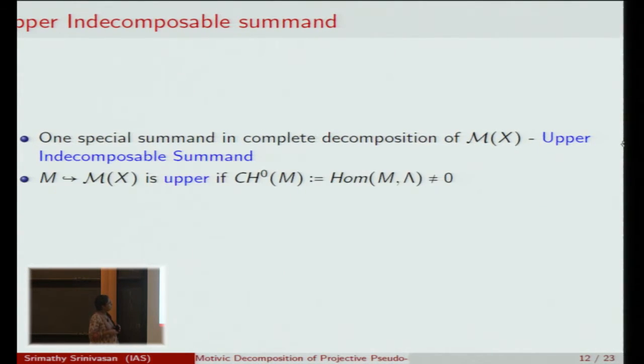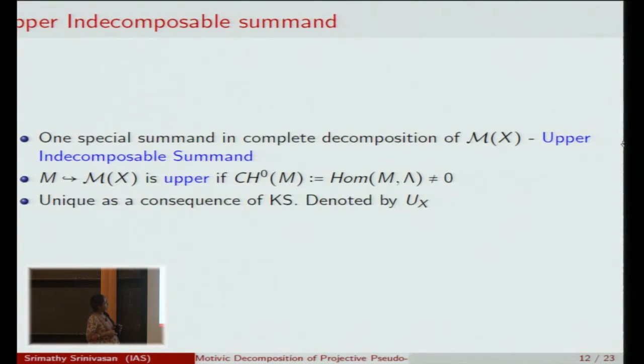I'll just tell what that is. So a summand M of the motive of X is upper if Chow upper 0 of M, and this by definition is the Homs from the motive M to the Tate motive, it's just all the Homs, if this set is not equal to 0, then the motive M is said to be upper. Okay, for example, the Tate motive Lambda itself is upper, right? But the Tate motive twisted by 1 or 2 is not upper because the Hom set is 0 in that case.